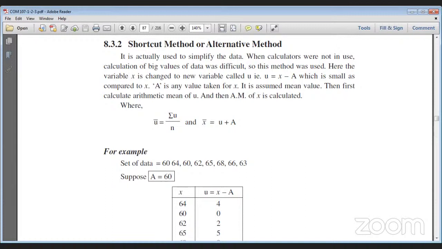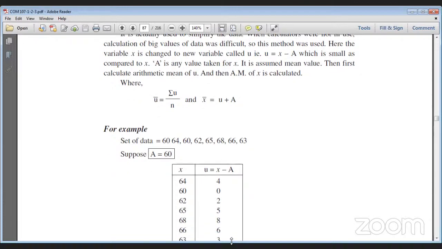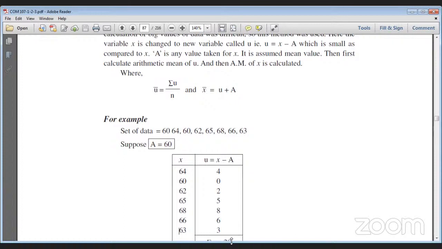Then 60 minus 60 is equal to 0. 62 minus 60 is equal to 2. 65 minus 60 is equal to 5. 68 minus 60 is equal to 8. 66 minus 60 is equal to 6. And 63 minus 60 is equal to 3.